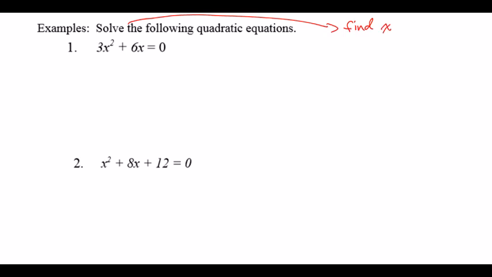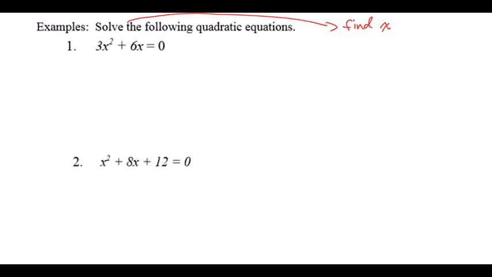In this specific case, when you look at this equation, you're trying to find an x that makes the left side of the equation equal 0. The way we're going to do this is using the zero product property, by factoring the left side of this equation. We're going to see something miraculous.